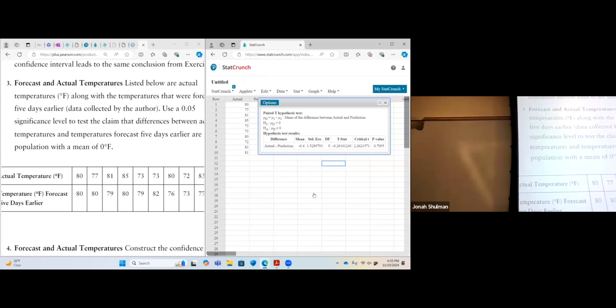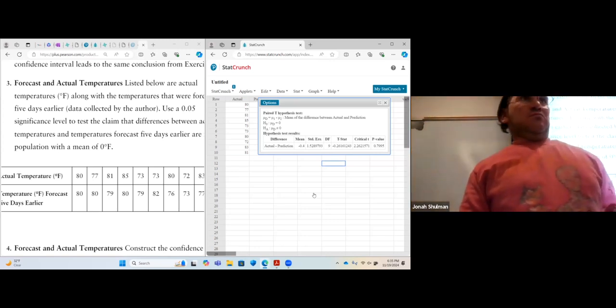Because it's positive and this number isn't bigger than that, it's not significant. Is this less than 0.05? No, not significant. So what do we do? We accept the null hypothesis. Well, we don't say accept, we fail to reject the null hypothesis. We're saying that we can't prove that there's any difference. Okay?